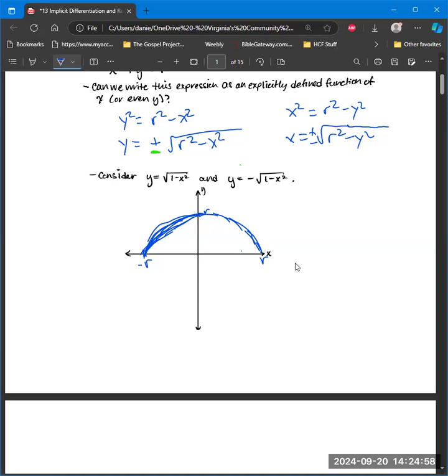And then I have the bottom half of that circle that I'm going to draw in green. It's going to go through negative r down here. I'm not really great at drawing these, but y equals negative square root of r squared minus x squared. And this top one is y equals the positive square root of r squared minus x squared.